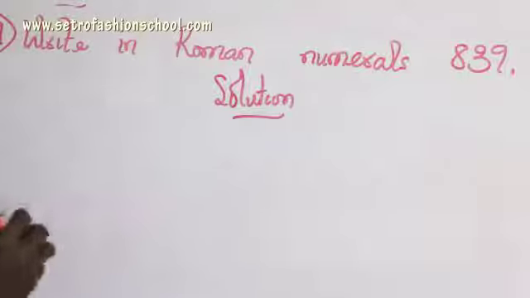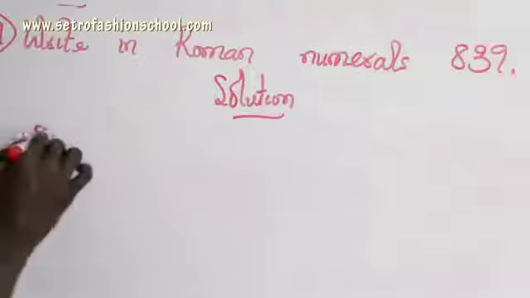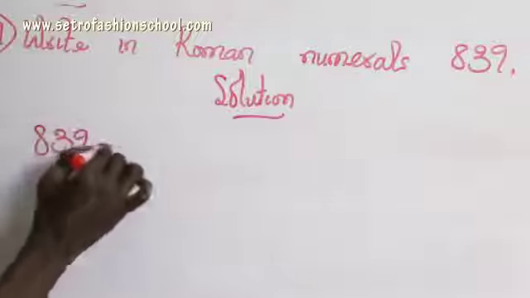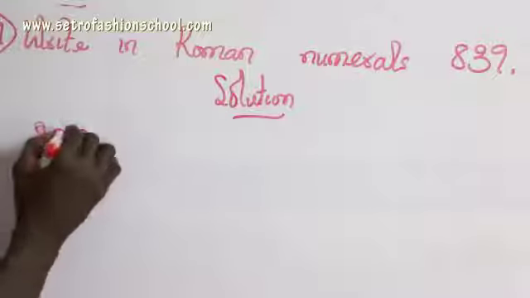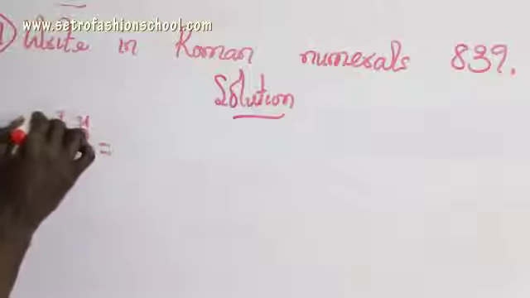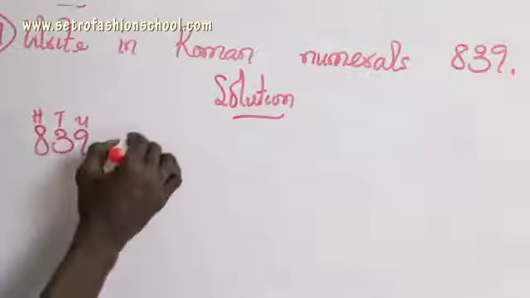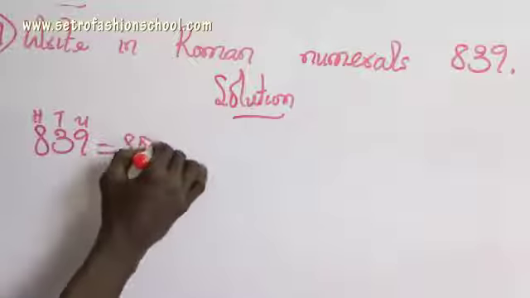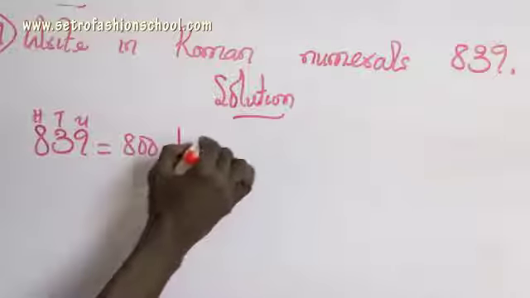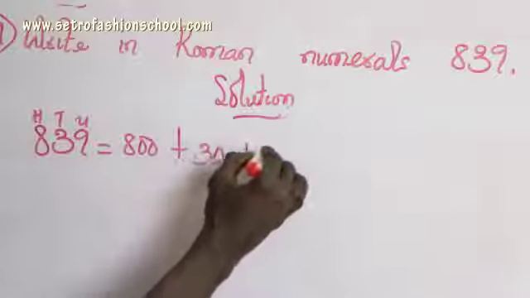So, let's see. Now, I want to expand 839. That's going to be units, tens, and hundreds. Which is now 800 plus 30 plus 9.